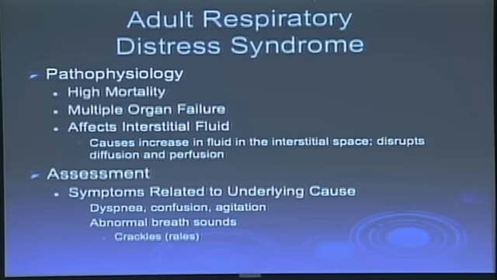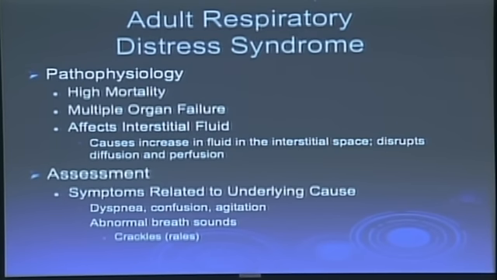So, in assessing the patient, symptoms are related to the underlying cause, so dyspnea, confusion. Simple way to look at confusion is confusion often means increased CO2. Hypercarbia causes confusion and lethargy, ultimately coma.